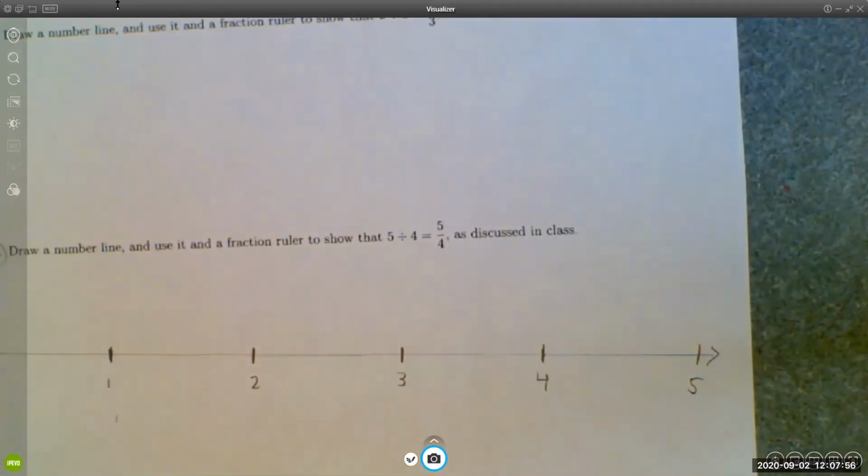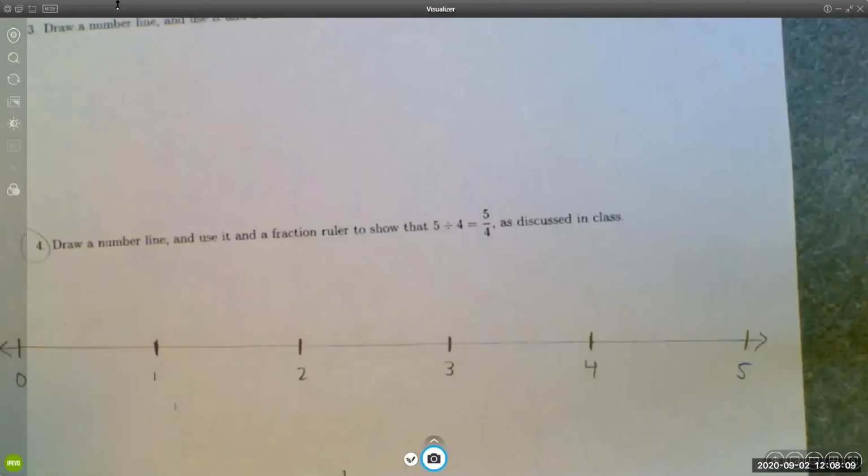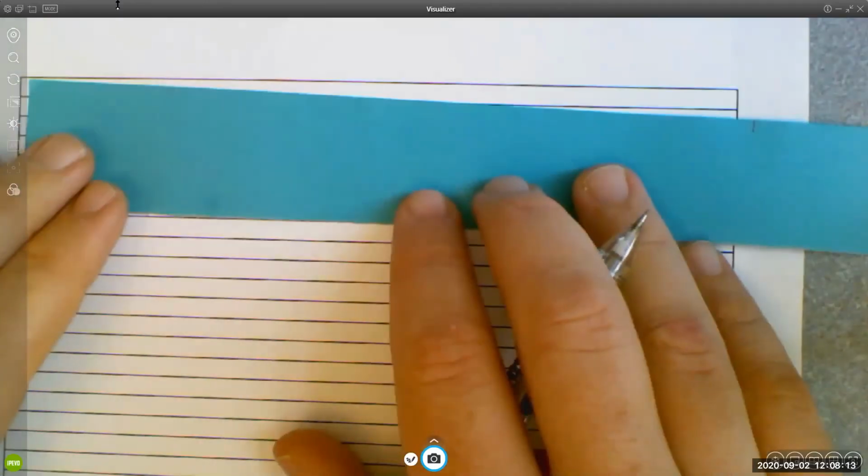Okay. Oh, actually, I need the fifth one, don't I? So I still need this last mark so that I know exactly where 5 lands on my number line. But now I'm going to split this distance into 4 parts so that I can do 5 divided by 4.